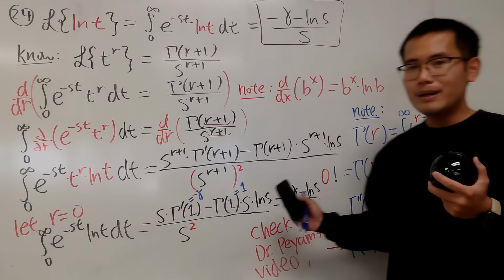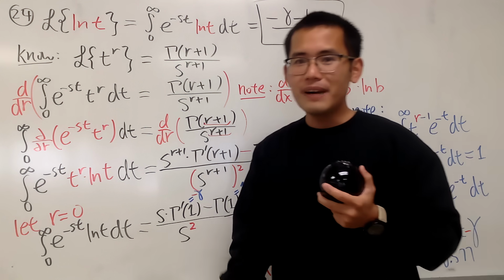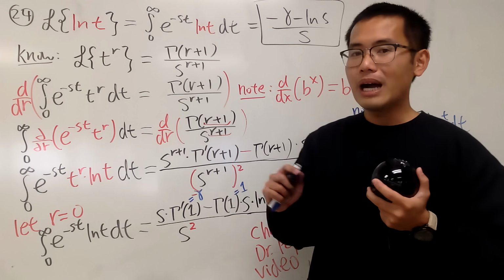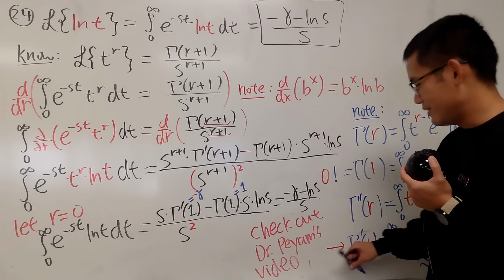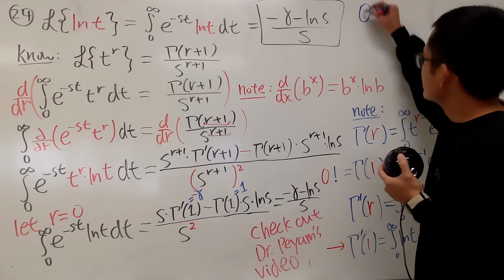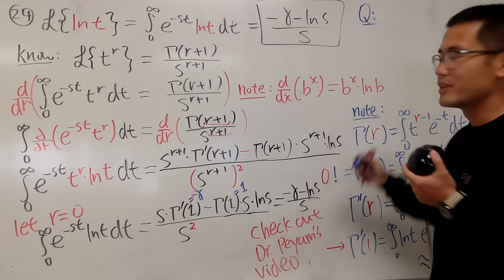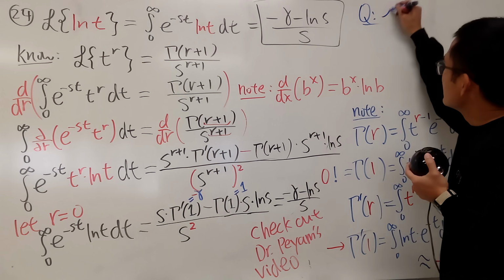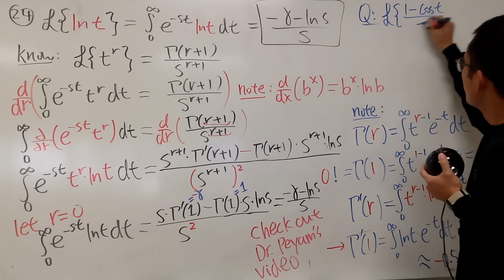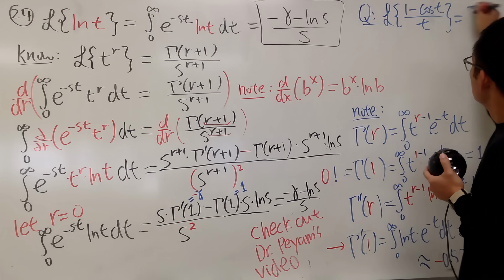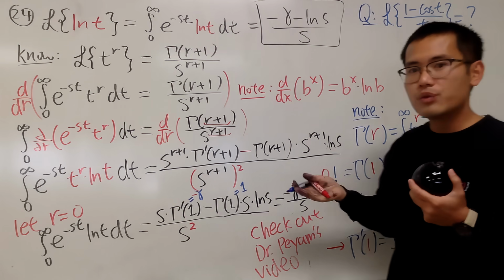So that's pretty much it. And in fact, I will have to ask you guys the following though. Question for you guys. This is again the honorable mention. What's the Laplace transform of 1 minus cosine t over t? Right? What's the Laplace transform of that?